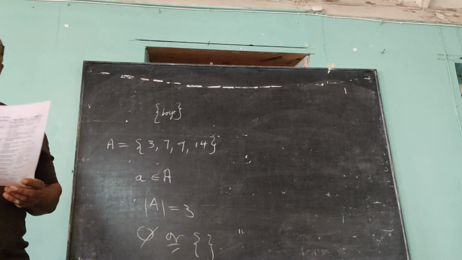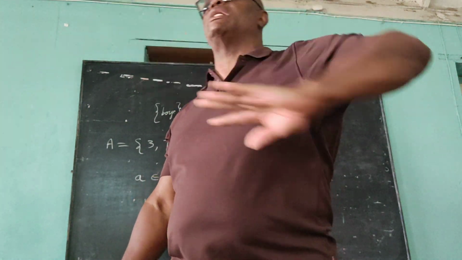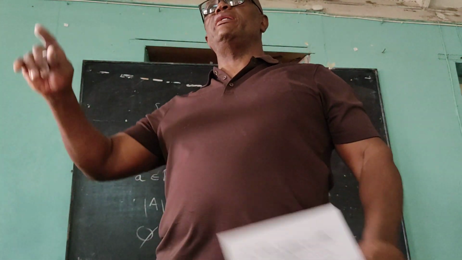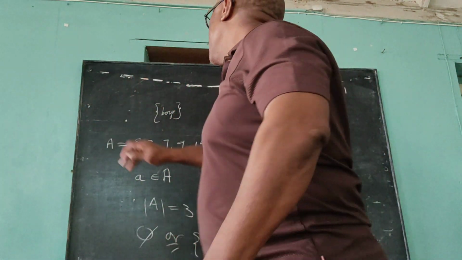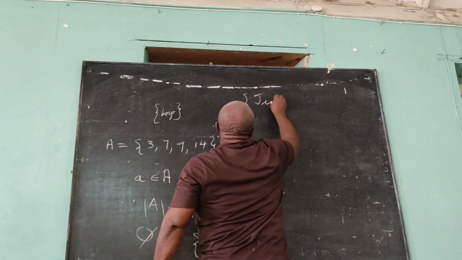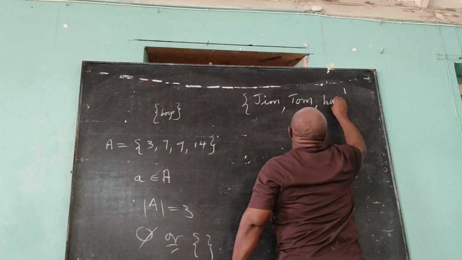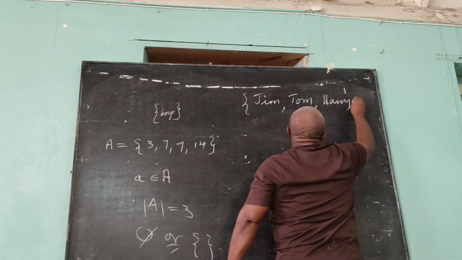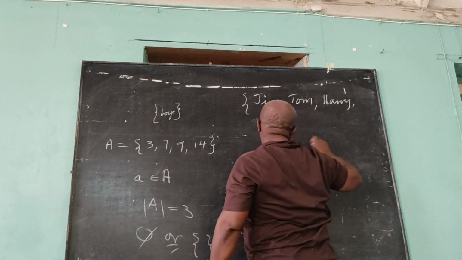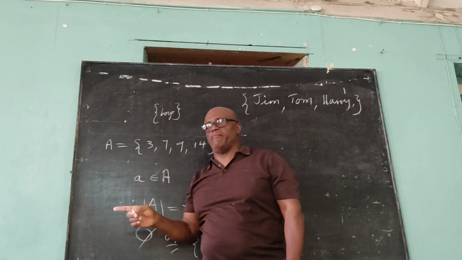So if I'm going to list the members of this class, I'm going to write the 30 names on the board in curly brackets. So I have Jim, I have Tom, I have Harry, right up to 30 of them, and then I close the curly bracket. That is listing the members.